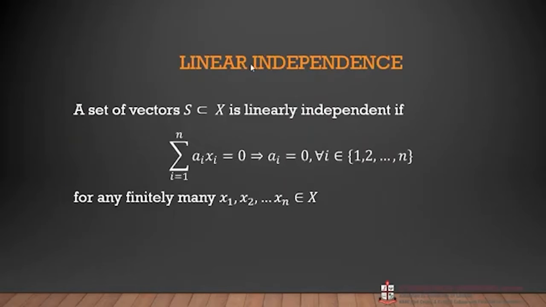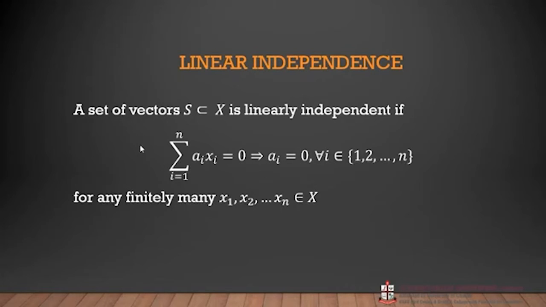Now, you know what is meant by linear independence. Suppose S is a subset of our linear space X. We say that S is linearly independent if summation over i equal to 1 to n of a_i x_i equal to 0 implies a_i equal to 0 for i equal to 1, 2, 3, up to n.